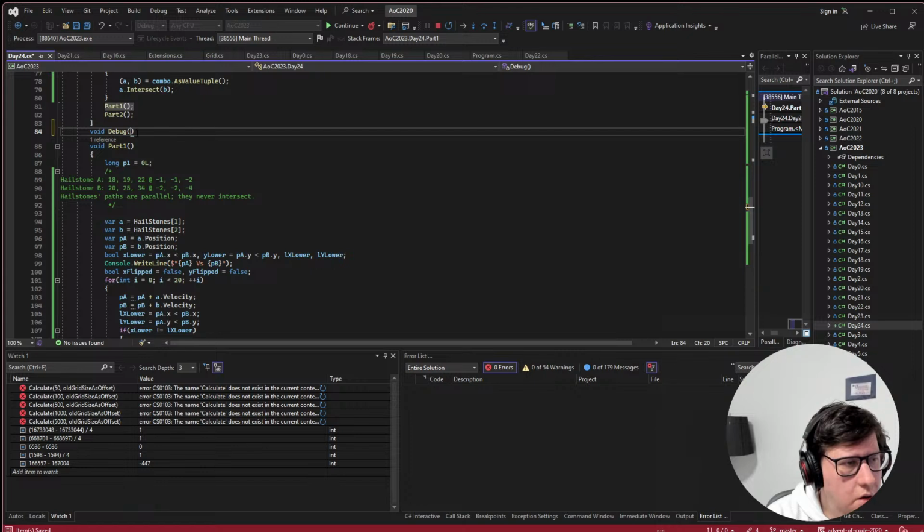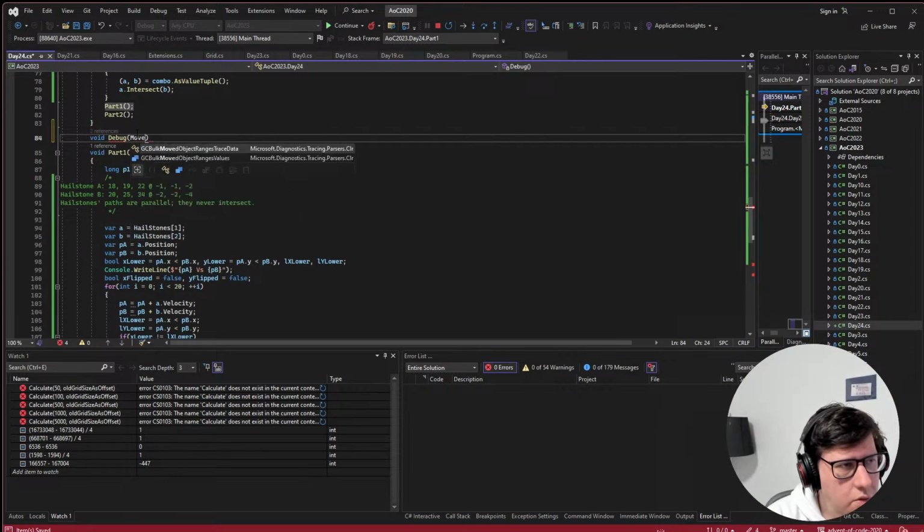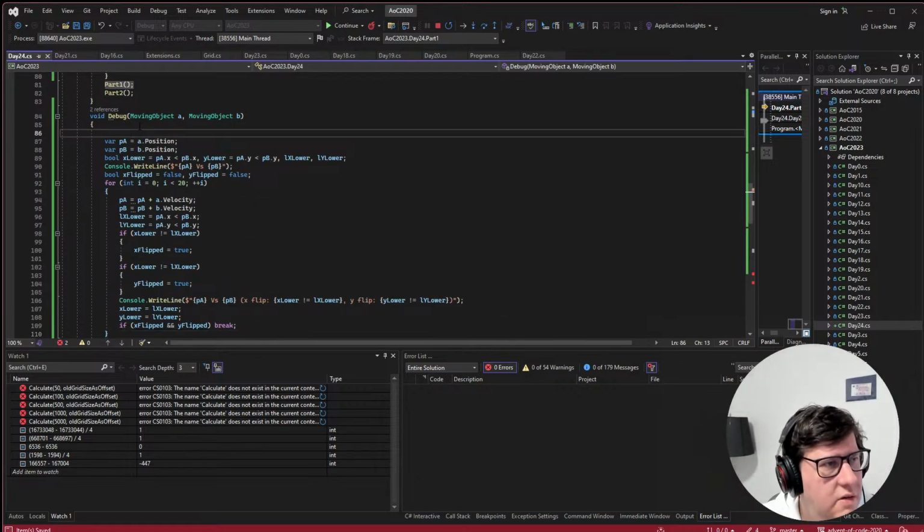Void debug, and this one will be moving object A, moving object B. Okay, like this.